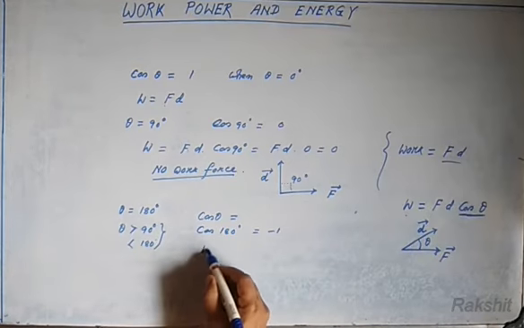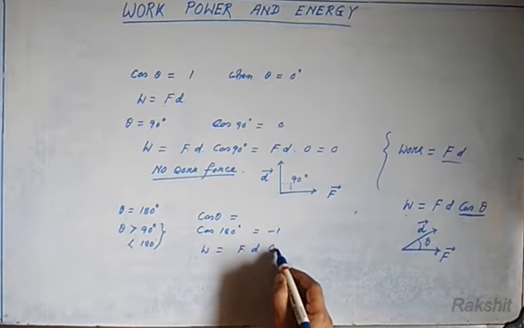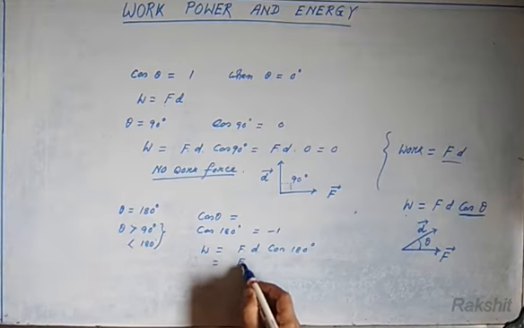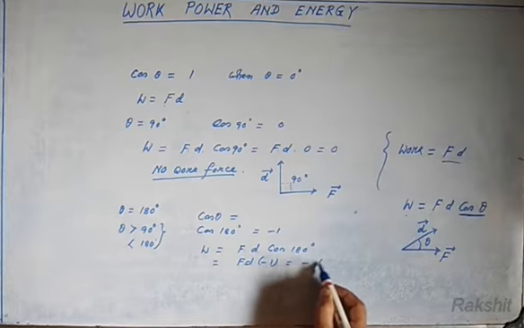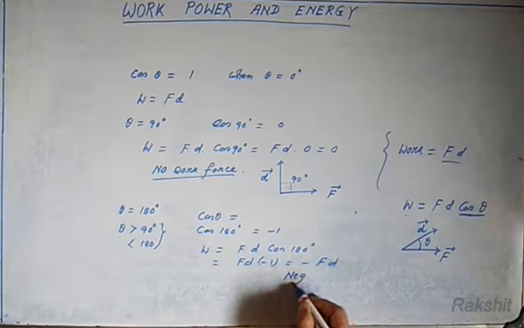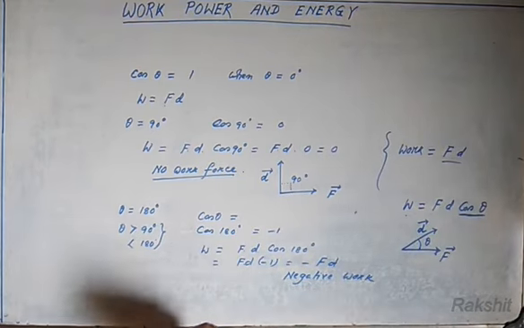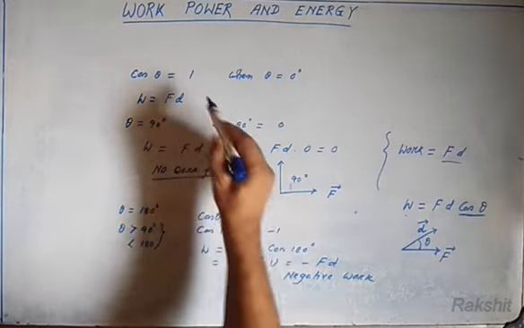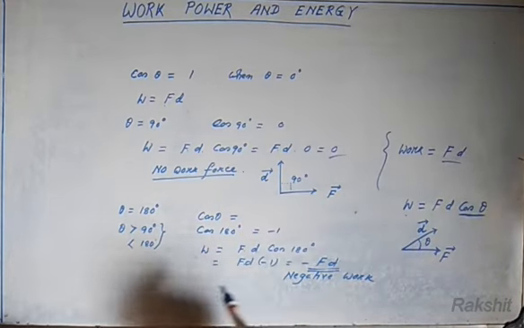Then work done W is equal to F into D into cos 180 degree, which is F into D into minus 1, equal to minus FD, and this is negative work. So depending upon the direction of force and displacement, the work may be positive, 0, or negative. These are 3 types of work.